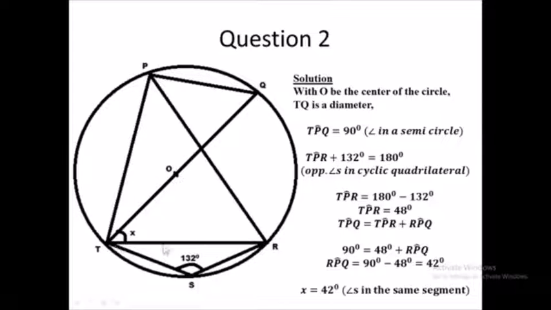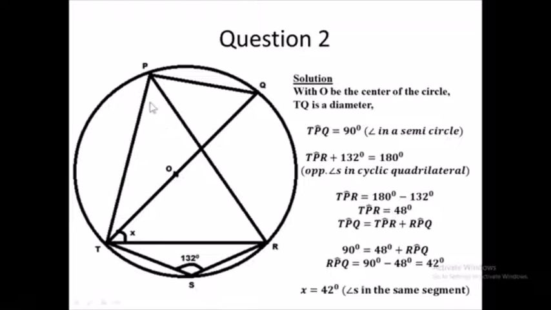You can see that's exactly a cyclic quadrilateral. So this angle 132 degrees and the angle P here add up to 180 degrees. Opposite angles in a cyclic quadrilateral. From there you can find our angle TPR. If you remove 132 from 180, you have this angle here. And that way 180 minus 132 gives us angle TPR, which is 48 degrees.